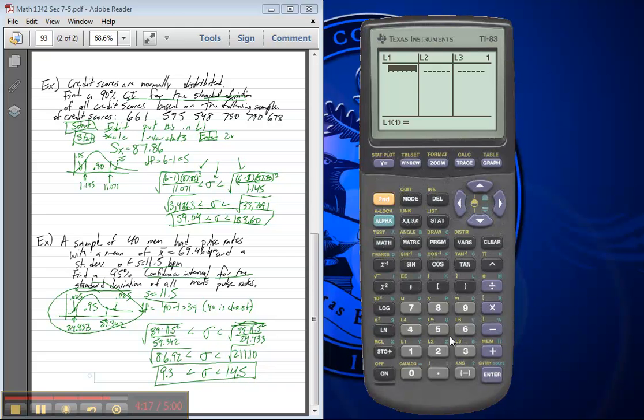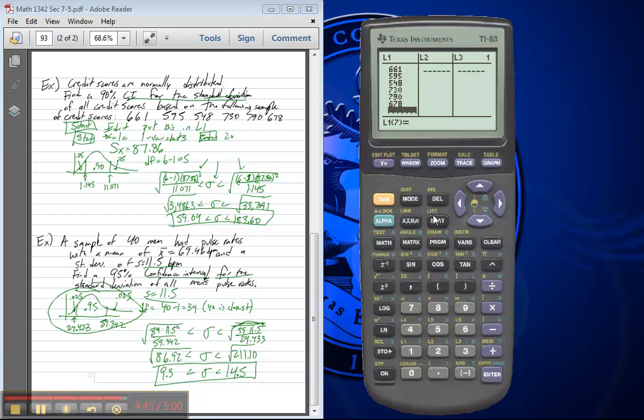We were looking at these credit scores, and we needed the standard deviation as part of finding the confidence interval for the population standard deviation of those credit scores. So 661, 595, 548, 730, 790, and 678 were our 6 credit scores, entered into the first list.